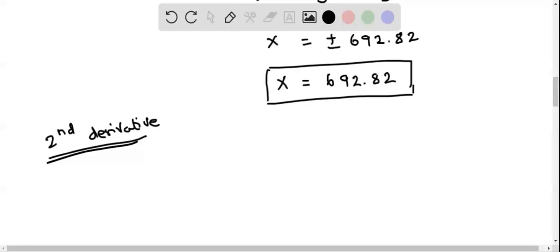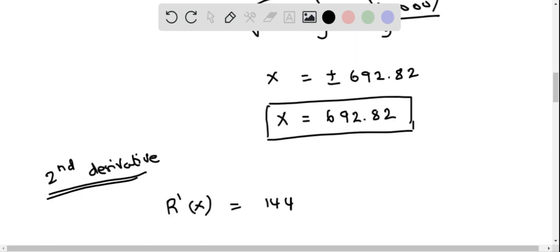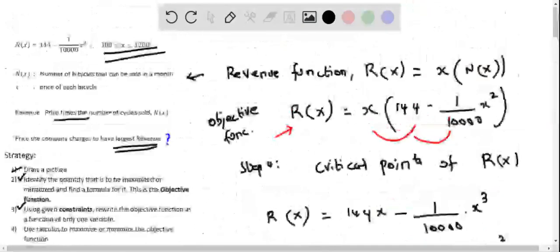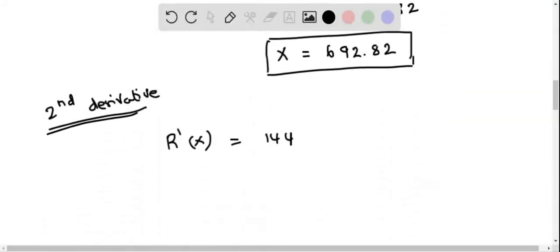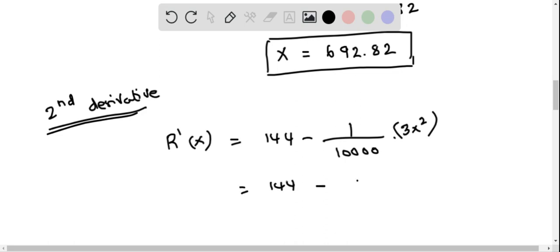We have R prime of x, that is the derivative of the revenue function, is 144 minus 1 by 10,000 times 3x squared. So this can be simplified as 144 minus 3 over 10,000 x squared.